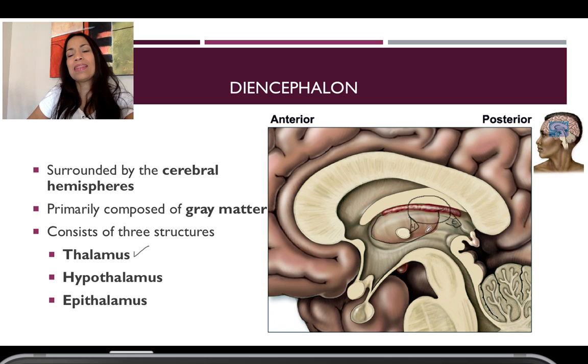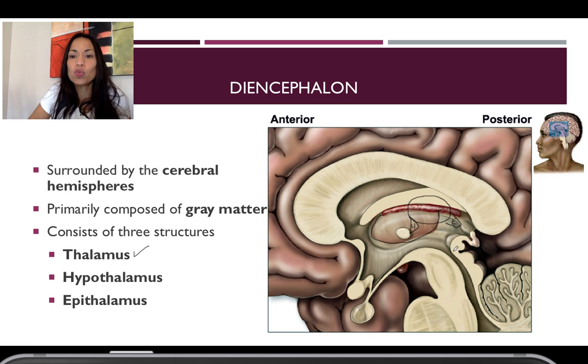So what is the thalamus? Remember when we are receiving sensory information from our receptors, from sensory neurons, it gets to the central nervous system, right? Spinal cord, and then ascends to, if this information is going to be conscious, is going to reach our cerebral cortex.